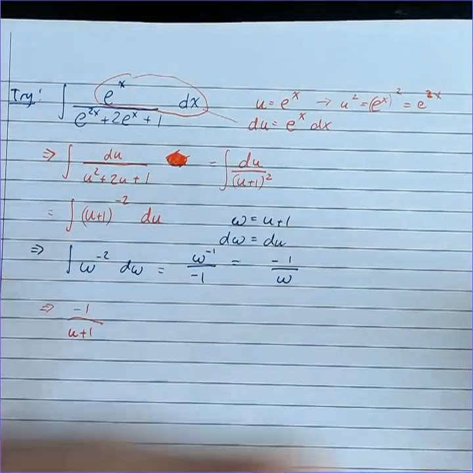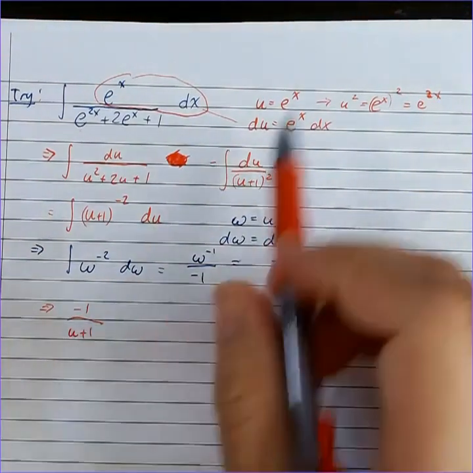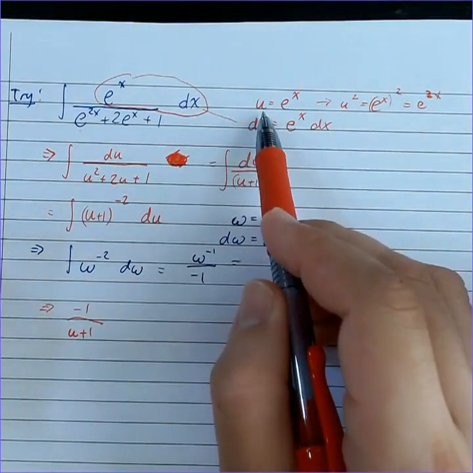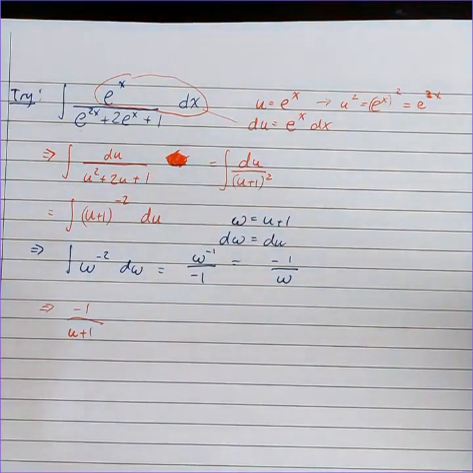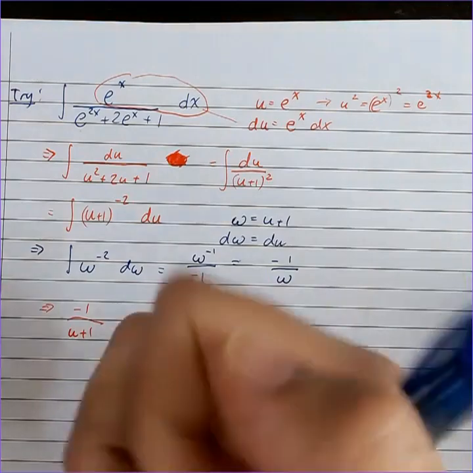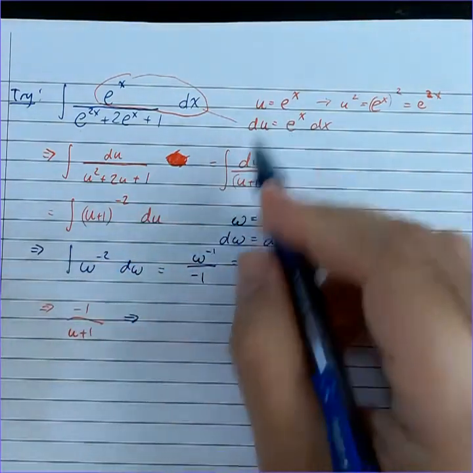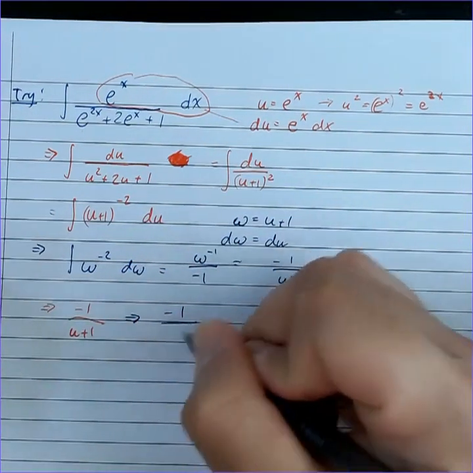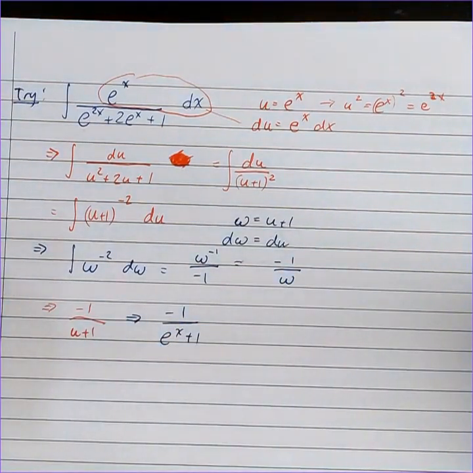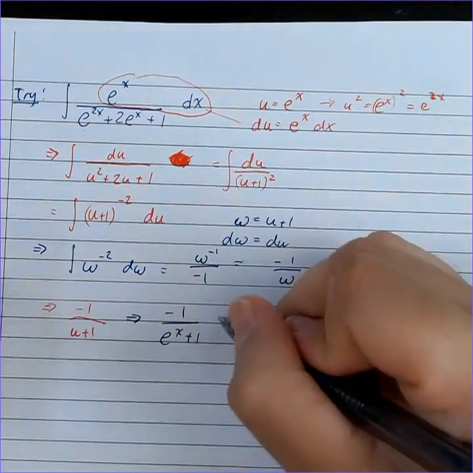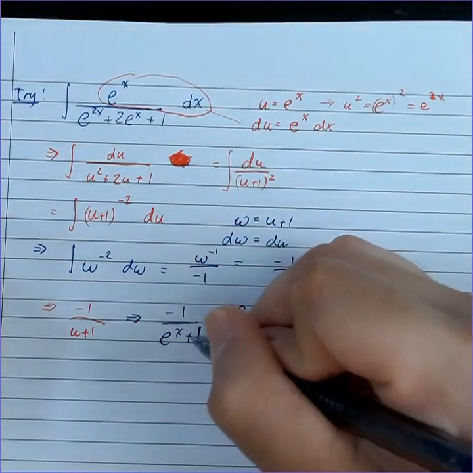So let me write that as u plus 1. Oh yeah, but remember, the original substitution had this u standing for e to the x. Okay, so now let me back substitute again, and that's going to give me minus 1 over e to the x plus 1, plus my constant of integration.